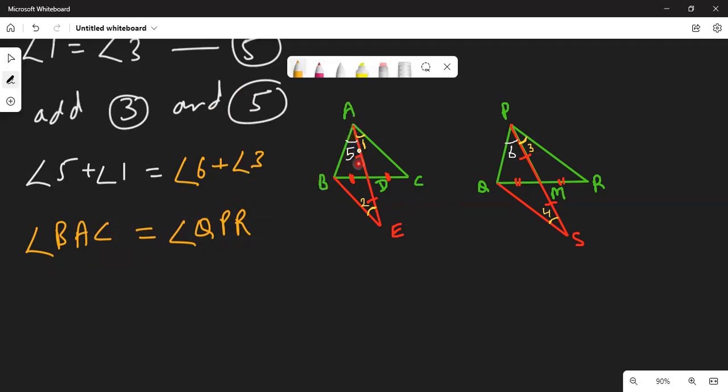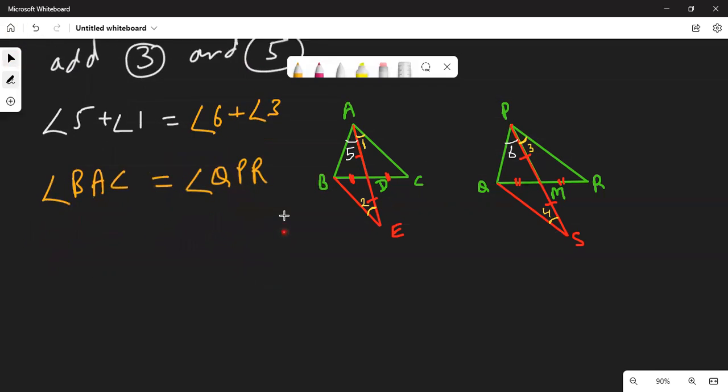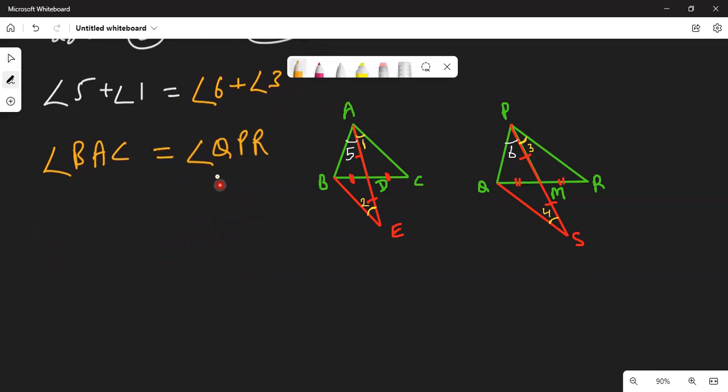We said two sides are already given in proportion. If we could prove these two angles are equal, we can say triangle ABC and triangle PQR are similar. So we are done, right? We have seen here that angle BAC and angle QPR are equal, and also the given information in the beginning, we should quote that as well, AB by PQ is equal to AC by PR.